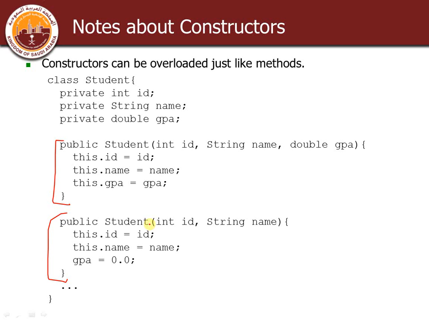When I'm designing a class, I'm the class designer, I am the one who decides how many constructors are going to be useful. Sometimes I just need to put the name, and then the ID and name, and then the GPA. If I don't have it, I don't need to put 0 myself. I can define a constructor that takes only 2 arguments. The first one is an int as an ID, and the second one a name, and the GPA is going to be by default 0 anyways. So I'm the one who is going to be choosing that.